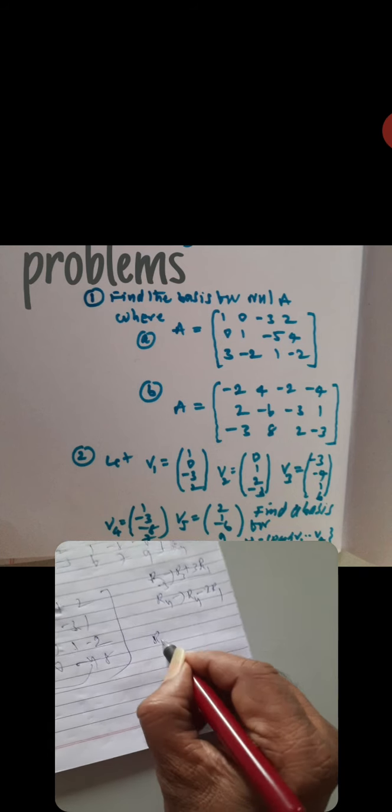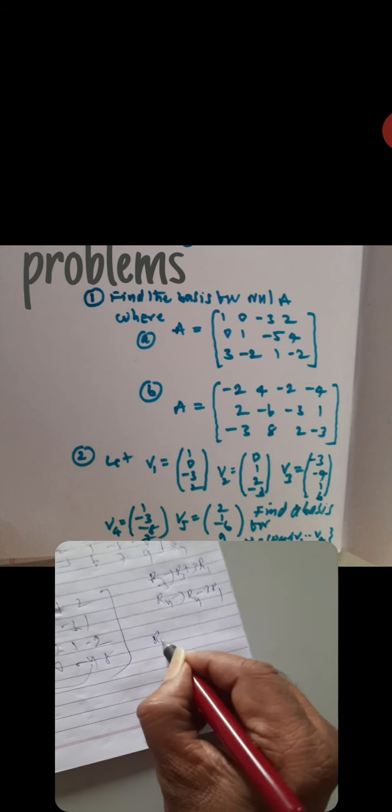Write this equal to this, where the B's are the basis vectors. So (C1 minus D1) B1 plus (C2 minus D2) B2 plus ... plus (Cn minus Dn) Bn is equal to 0.